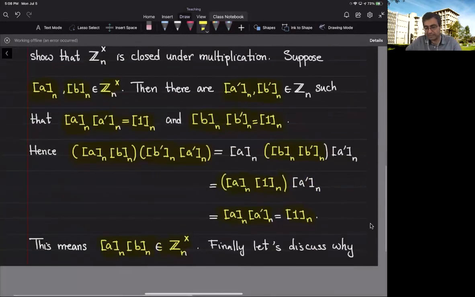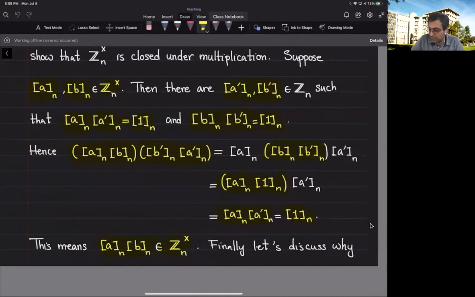Okay, let's multiply them. I use the fact that this multiplication is associative, reorder the parentheses, and notice that the middle terms, when I multiply them, give the residue class of 1. Now, the residue class of 1 is the neutral element of multiplication. That means when I multiply it by the residue class of A, I'm not changing it at all.